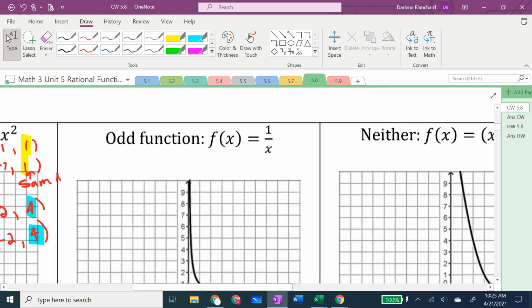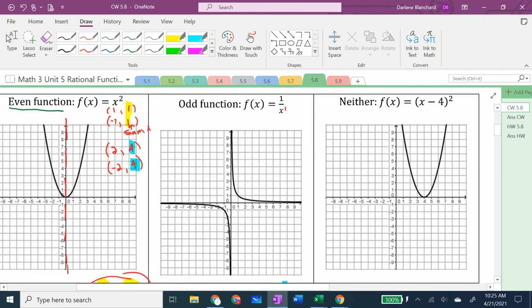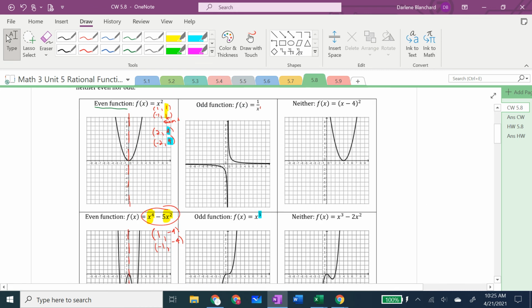And I ask you a very, very important question. What is the exponent on this denominator x? It is an odd number. We're going to talk about that a little bit more as we go through this classwork.